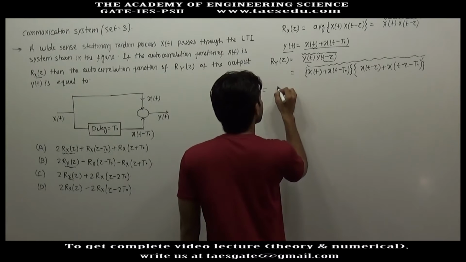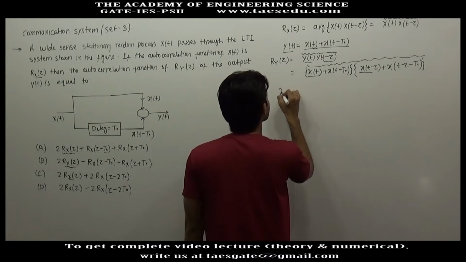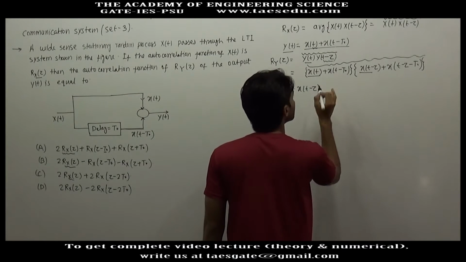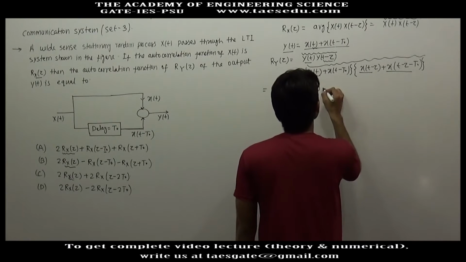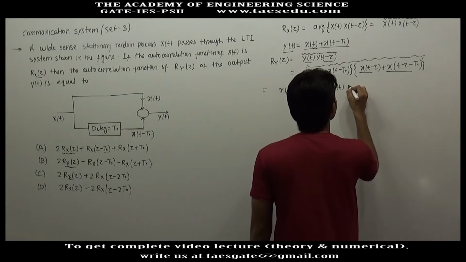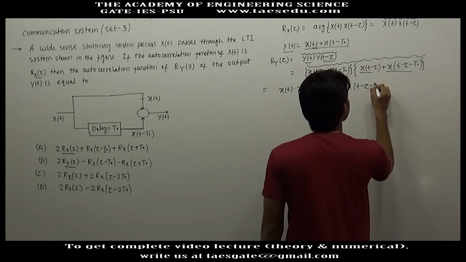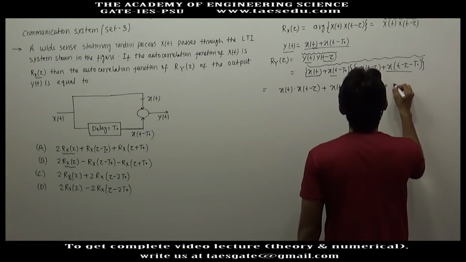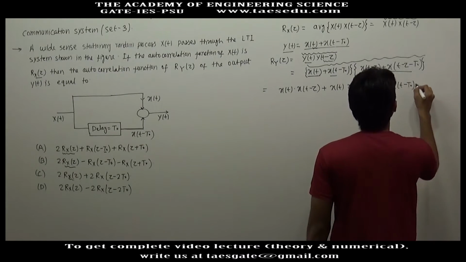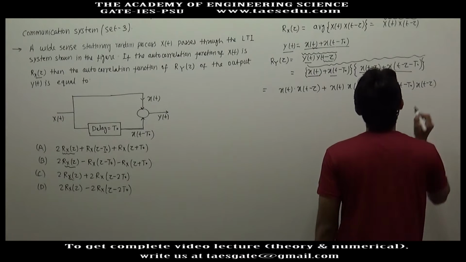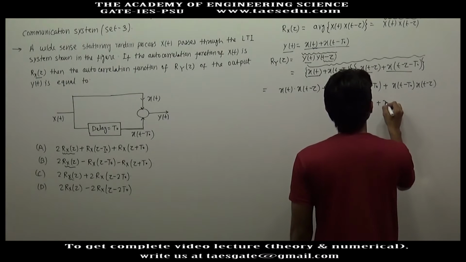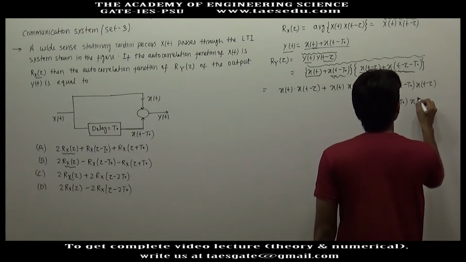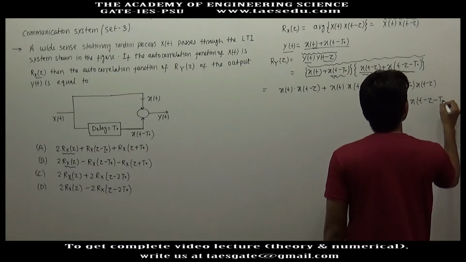First x(t) into x(t minus tau), then x(t) into x(t minus tau minus t naught), then x(t minus t naught) into x(t minus tau), plus x(t minus t naught) into x(t minus tau minus t naught).